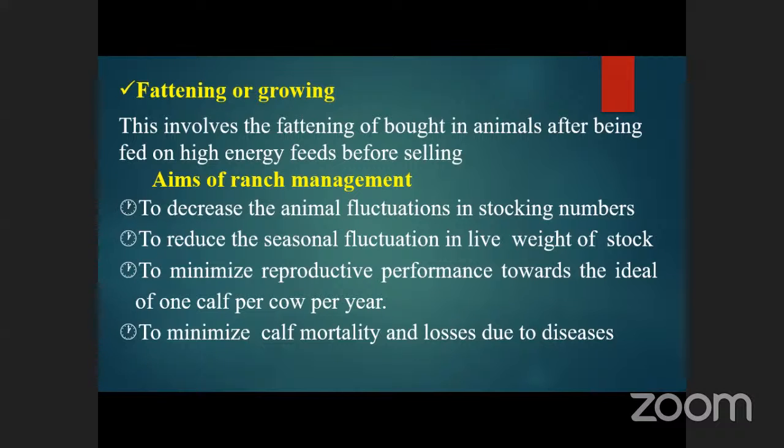All right, thank you. Number 1 says to reduce the animal fluctuations in stocking numbers, because there are seasons whereby there are very few animals. So how do you control that? You have to get those animals, create artificial conditions.